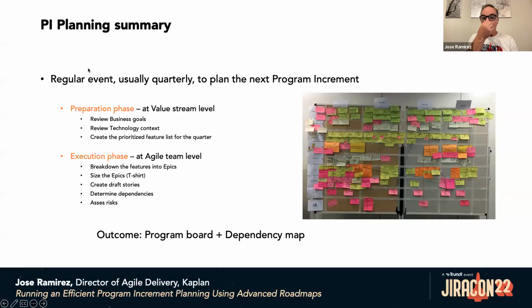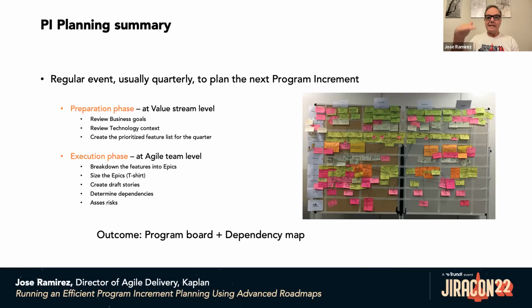So, starting the discussion, let's start with a quick summary of what PI planning is. What is our understanding of what PI planning is? As you probably know, PI planning is a regular event, usually quarterly, and some organizations conduct it every 2 quarters to plan the next program increment.